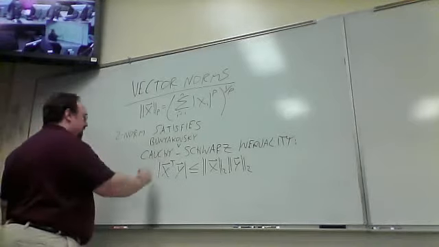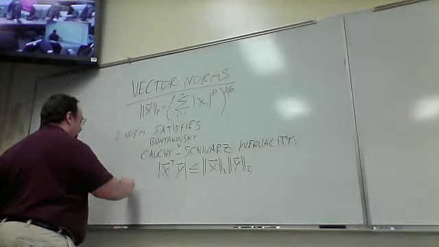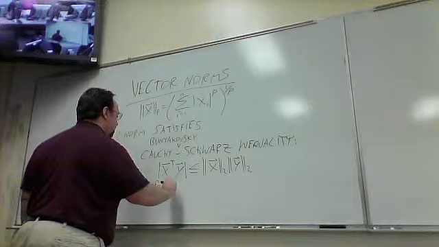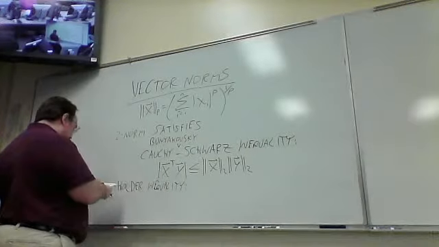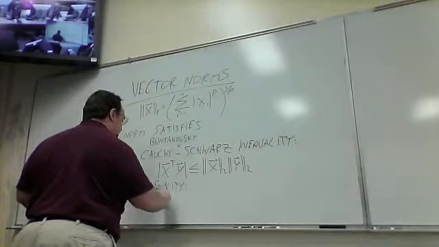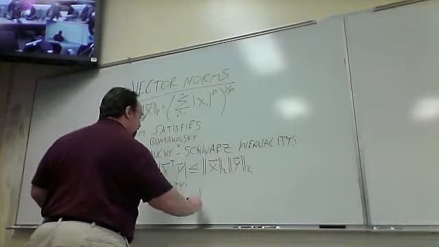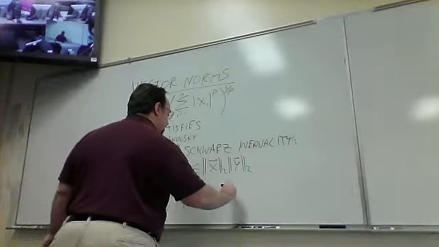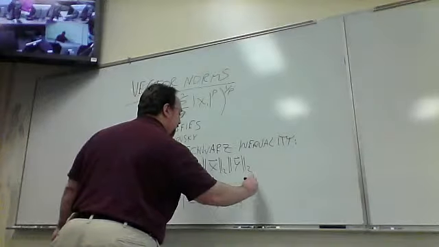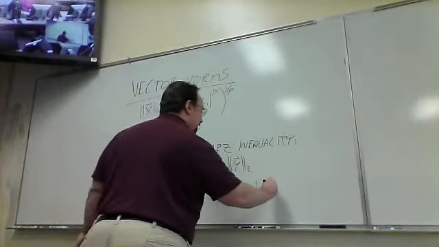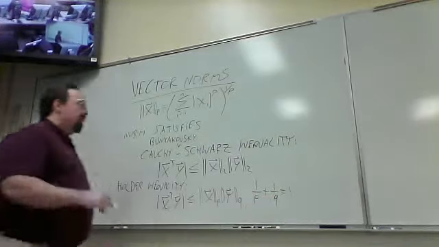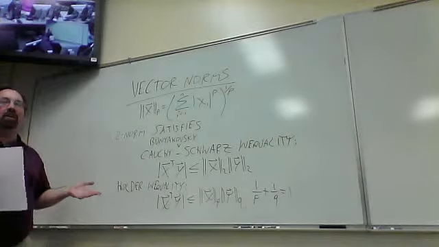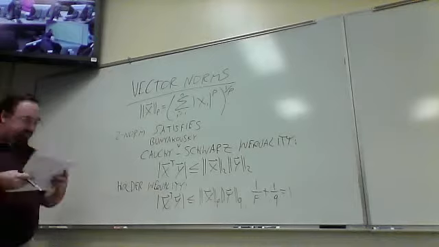And actually, this is a special case of the Hölder inequality, which states that the dot product is less than or equal to the p norm of x times the q norm of y, where p and q satisfy 1 over p plus 1 over q is equal to 1. So Cauchy-Schwarz is this Hölder inequality with p and q both equal to 2.